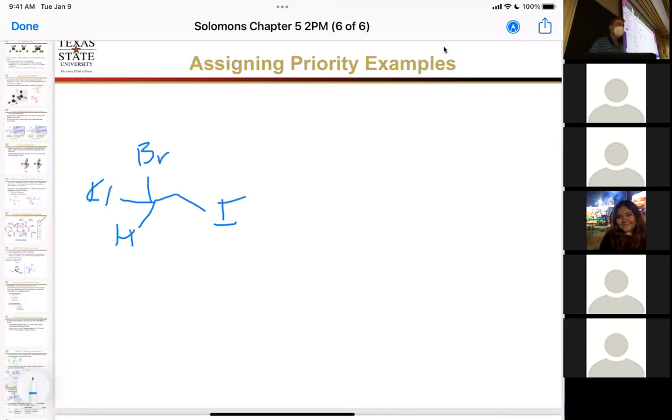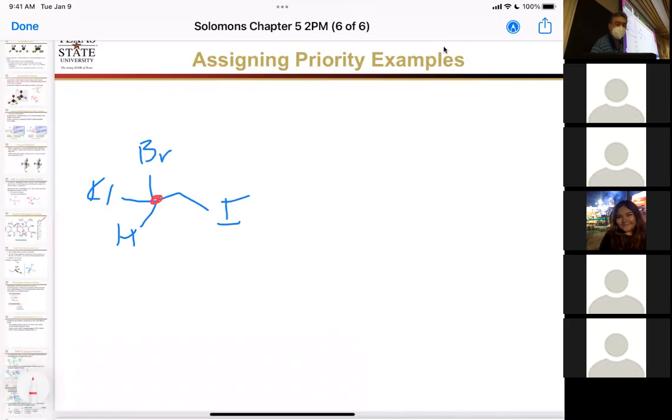Chlorine. All right. So, and this is our chiral center right here. So, which is our highest priority? Iodine, bromine, chlorine, or hydrogen? There's a carbon in between the iodine and the carbon center.